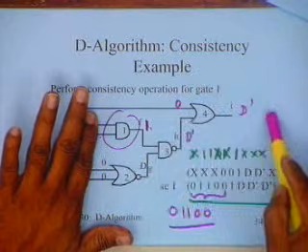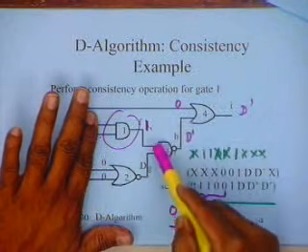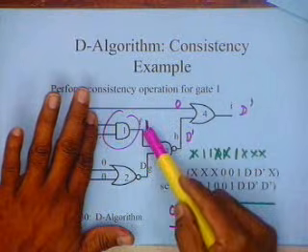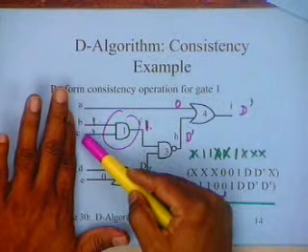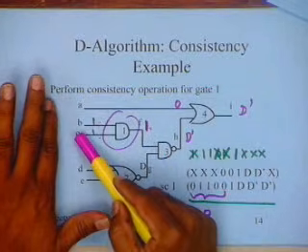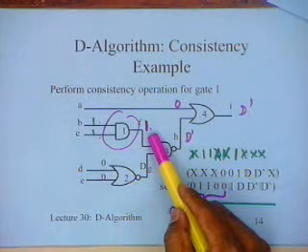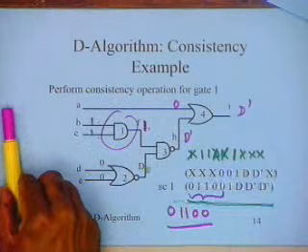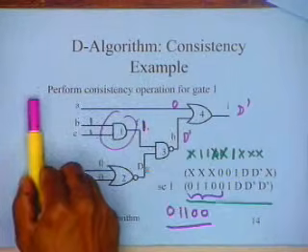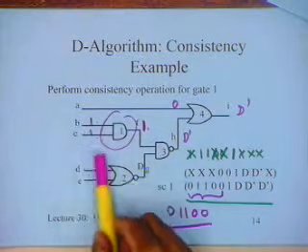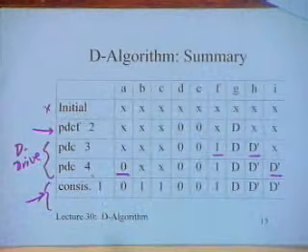So, I am just looking at the paths and assigning the other inputs which are there in the gate in the paths to some value. Sometimes I may be assigning a don't care value. If I am assigning a don't care value, the inputs are also don't care. But in this case I assigned a specific value of 1. So, I had to assign my inputs in such a manner so that I can generate the value of 1 over here. And this is the way it will back propagate. Wherever I assigned, it will back propagate. And so, in this case I have assigned 1 1 to generate this. So, this I do using the singular cover, and that is the consistency check.